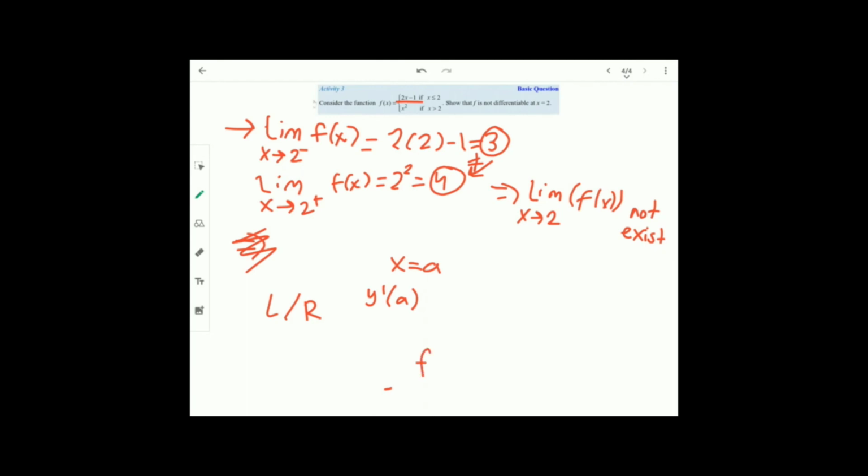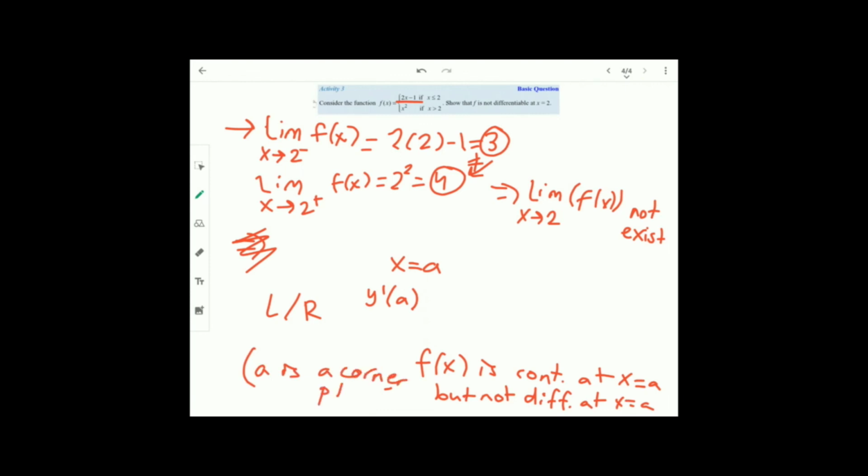So f of x is continuous at x equals a but not differentiable at x equals a. In that scenario, we can say that a is a corner point, and that covers everything you need to know for derivatives. Thank you. I hope you understood.